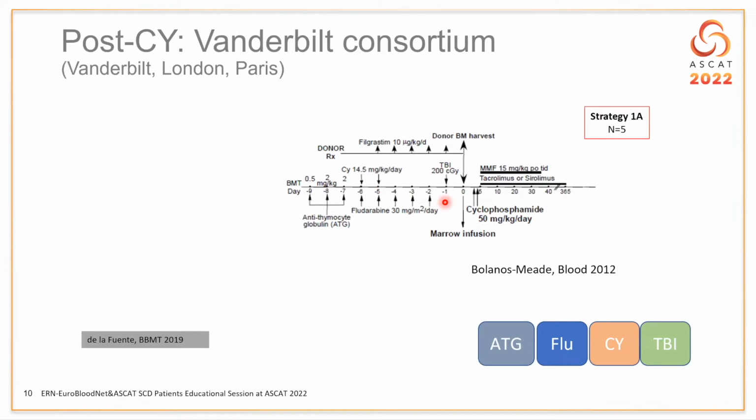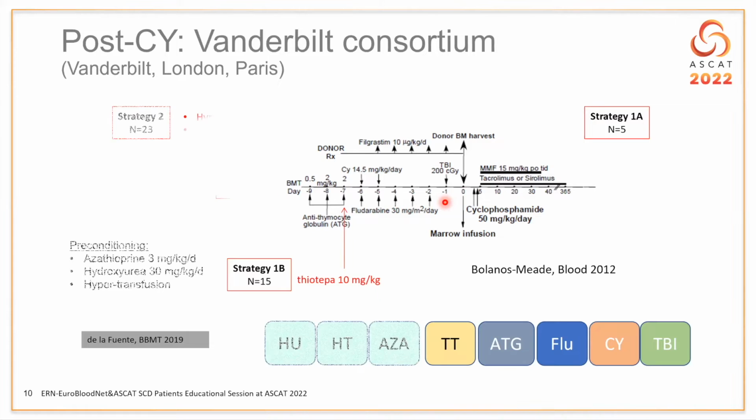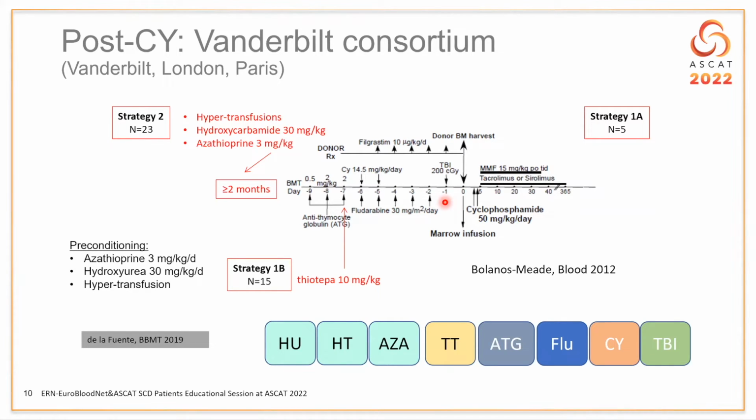This is one of the different studies and experiences published in the most recent literature. This is a study of a cooperative group of Germany, London, and Paris. And as you can see, the approach is a little bit more complicated than a conventional transplant.